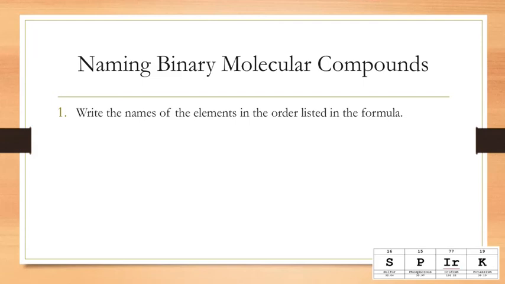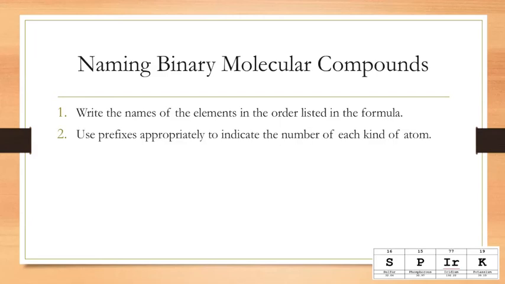The first thing we must do is identify that the compound is a binary molecule. Like with CO, we know there are two elements present and they are both nonmetals, so we have a binary molecular compound. Now we can follow these rules. We write the names of the elements in the order listed in the formula.